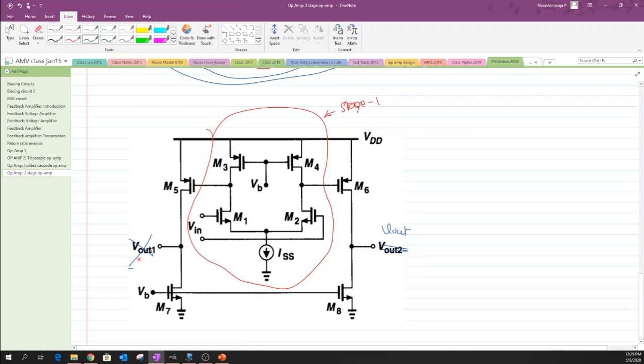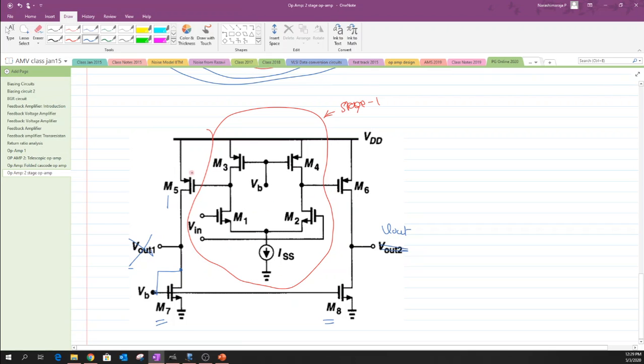Now the way that this can be done without losing the GM of M5 is by creating a mirror or a direct connected structure here, so that this M7 along with M8 creates what is known as a simple mirror structure.